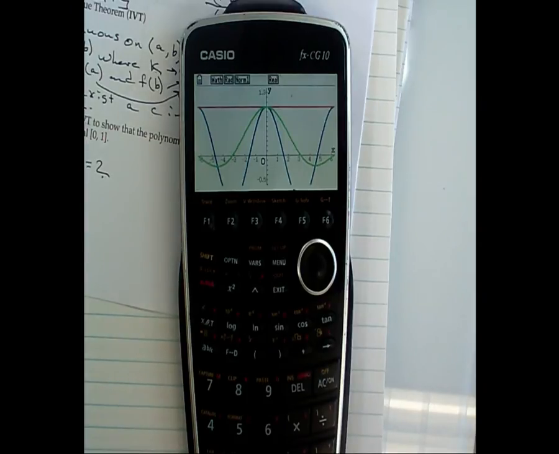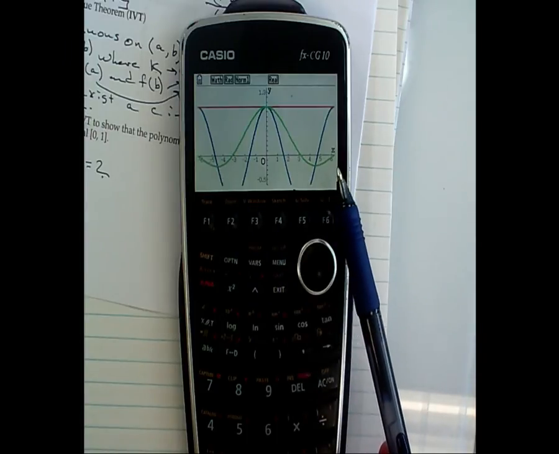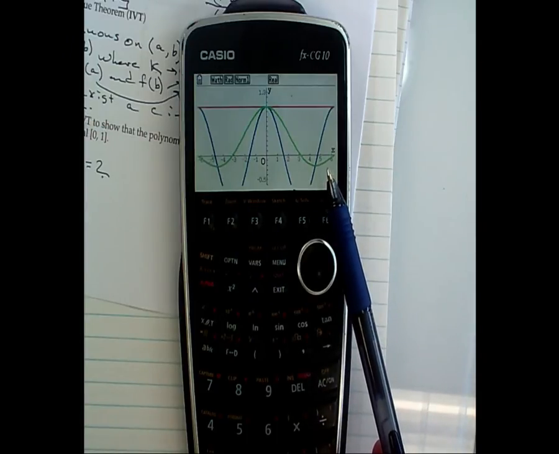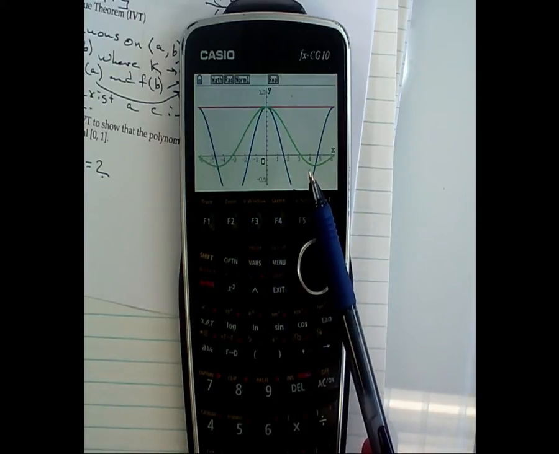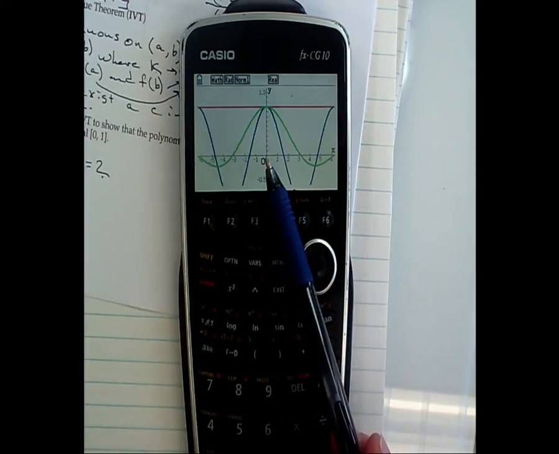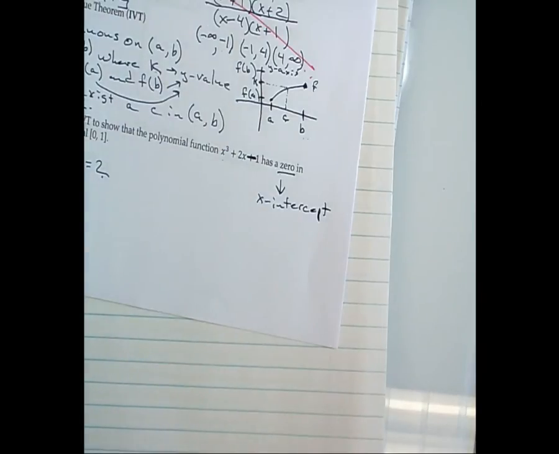Okay? Now, notice this, Julia. None of them are 0. None of them is x equals 0, correct? 0 would be right here, correct? None of them are. Yet, we call the x-intercepts zeros. Why do we call them zeros? What is 0? y is 0, correct?